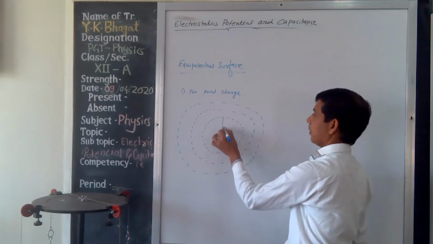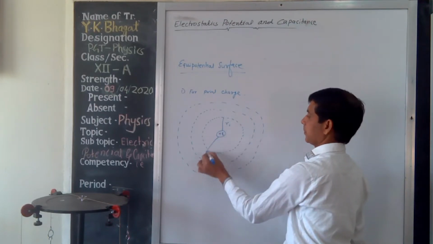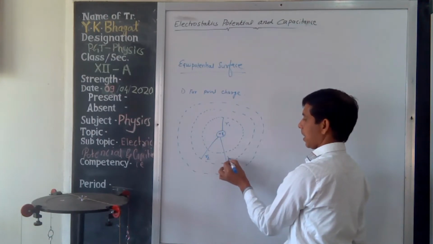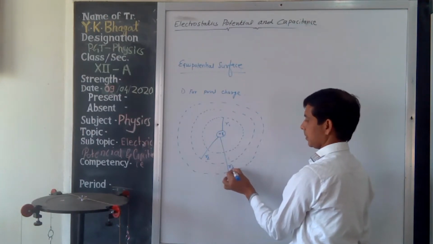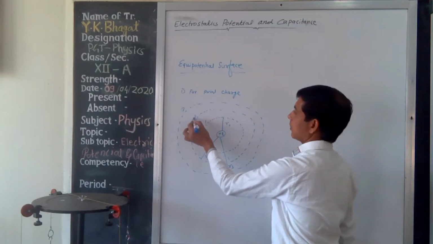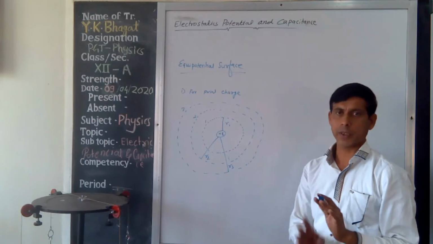It has radius R1, second one has R2, third one has radius R3. These 1, 2 and 3 surfaces will be equipotential surfaces.